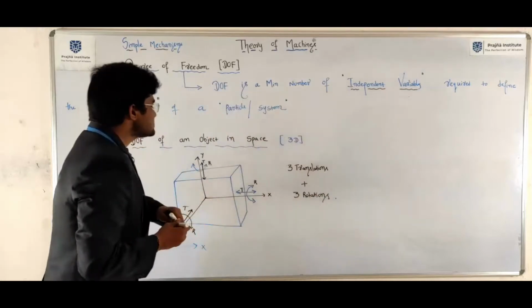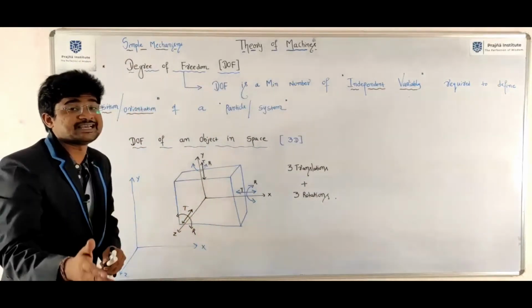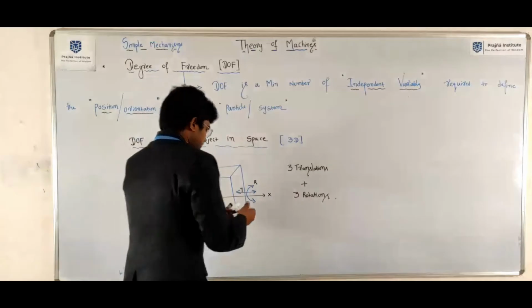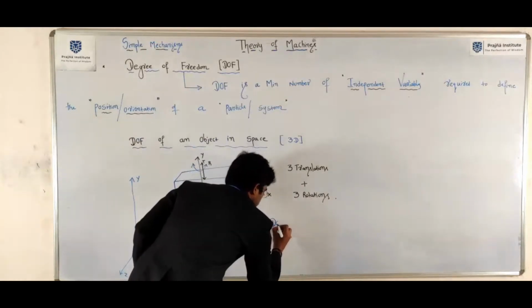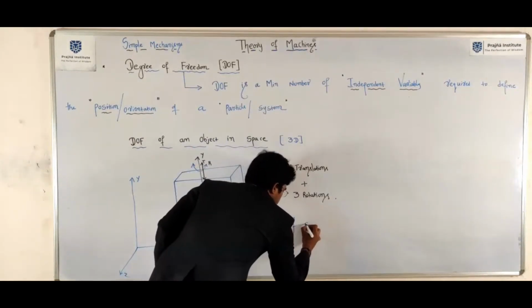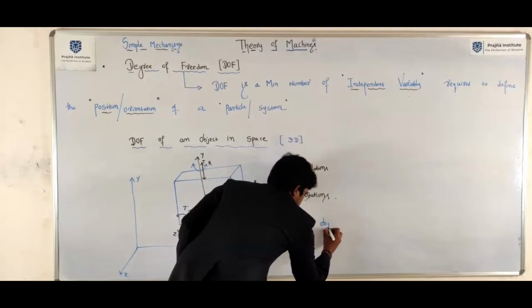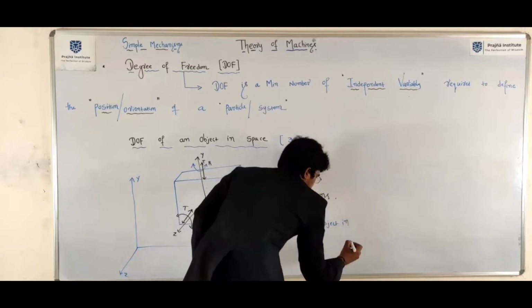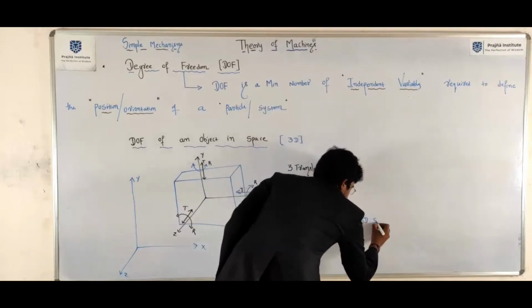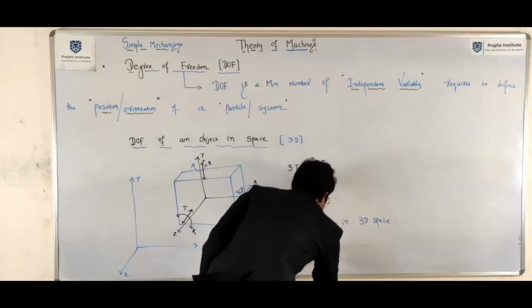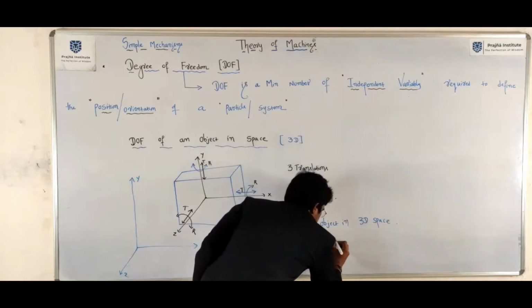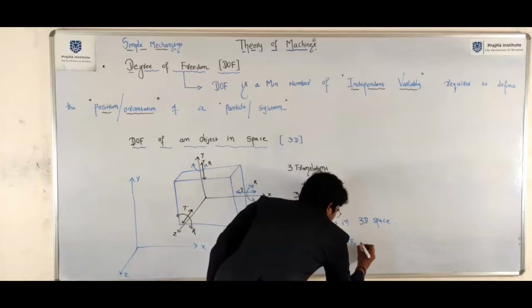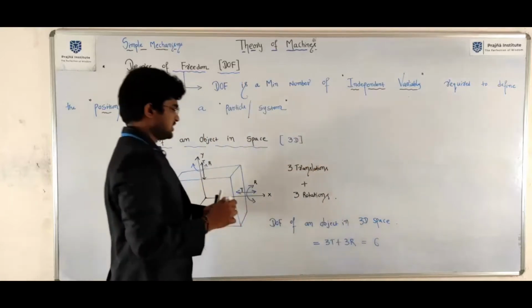What is the degree of freedom of an object in space? Degree of freedom of an object in 3D space is equal to 3 translations plus 3 rotations, equal to 6.